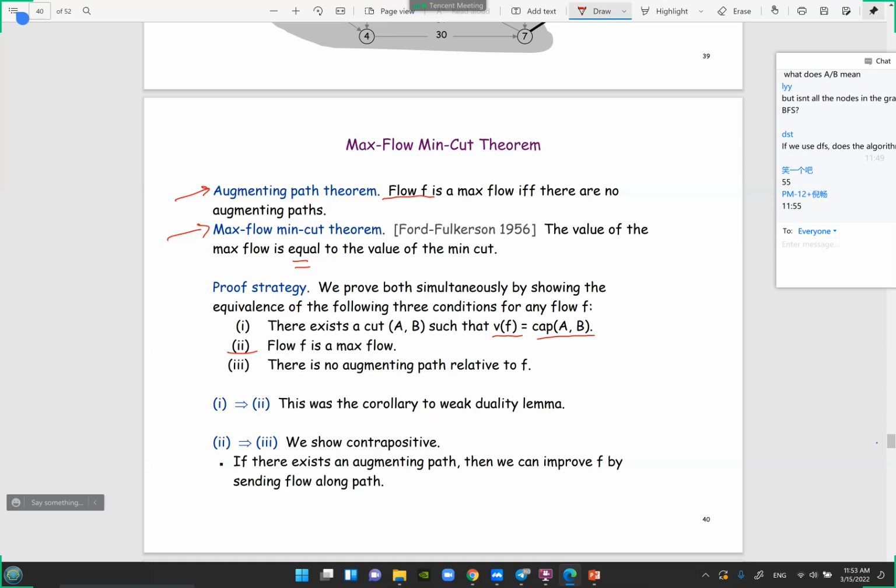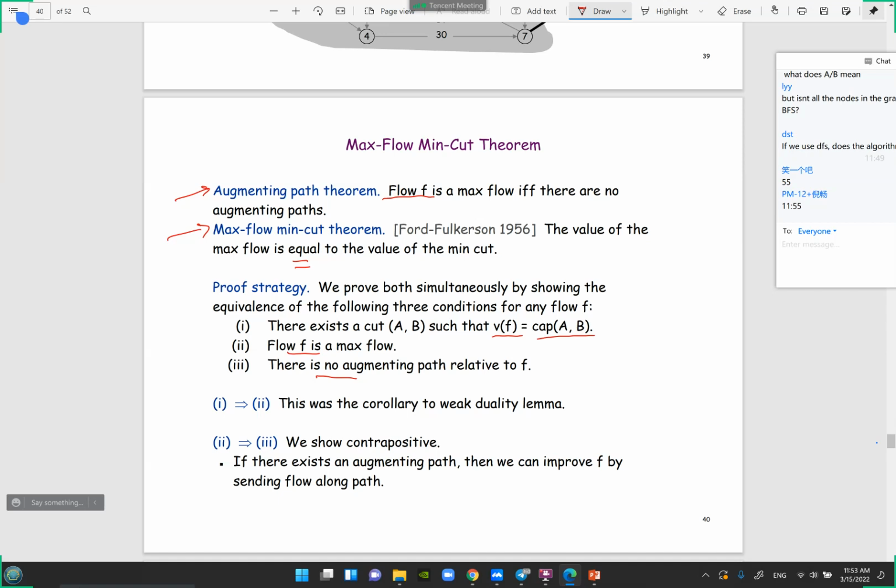Now to show that 2 implies 3, we're going to prove the contrapositive, meaning that if 3 is not true, then 2 is not true. The reason is that if 3 is not true, then there is an augmenting path. But if there is an augmenting path, then you can send more flow along that path, and so F is not a max flow. So if F is a max flow, then there cannot be any more augmenting paths.